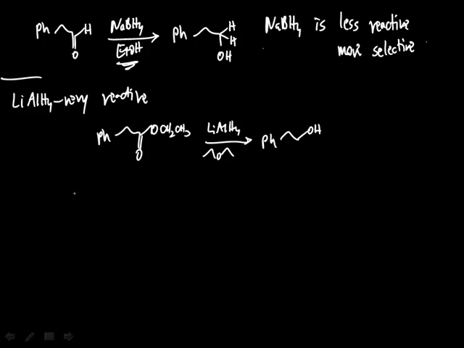And the reason for that is it's too basic. So if it's exposed to the alcohol, lithium aluminum hydride will instantly deprotonate it, and will give us a range of aluminum-3 species, which, depending on the pH, can precipitate as aluminum hydroxide or not.